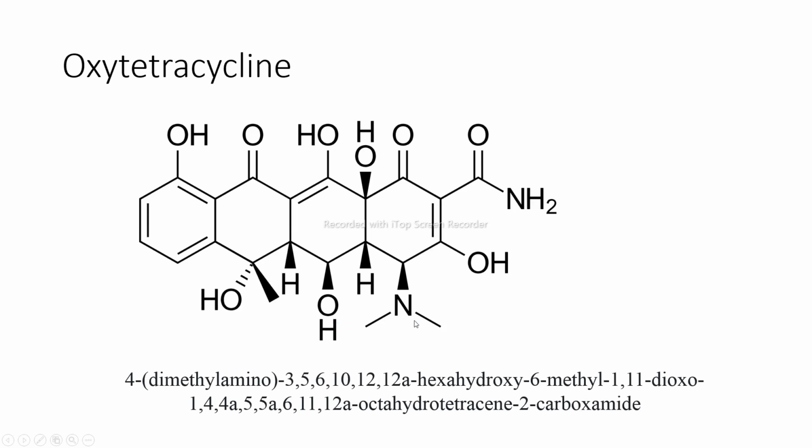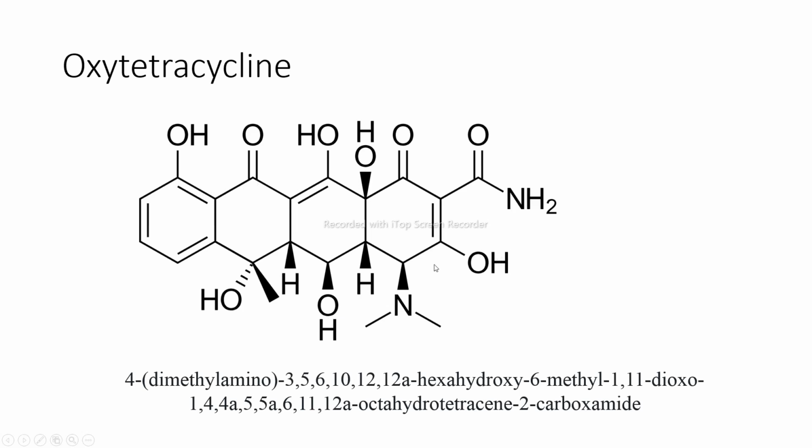So, we started the nomenclature from the hydroxy group as H comes first as compared to the M. So, hydroxy groups are present at which positions? At 3, 5, 6, 10, 12 and 12A. So total 6 hydroxy groups are there.